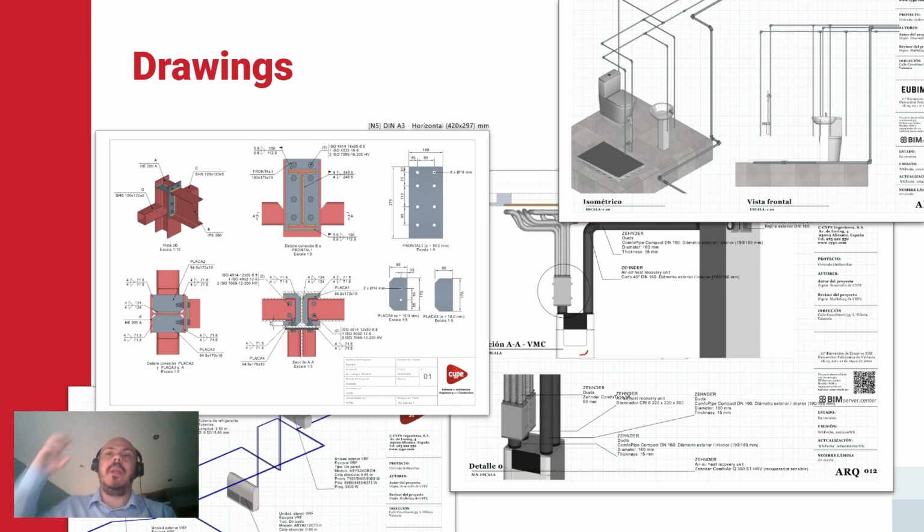Another type of result that of course is necessary when we create a project, and you can extract from a BIM model, is the drawings. For example, here I have some examples of drawings of plumbing installations, some connections that were designed using one of the softwares that we will show to you during the presentation. Or for example here some details of a system for ventilation, or even here for air conditioning. There are different ways to create these drawings, different styles, not necessarily in color, could be in black and white, vectorized or not.